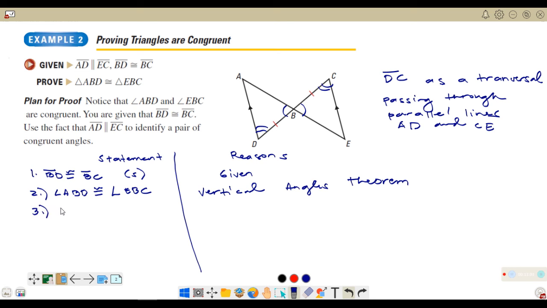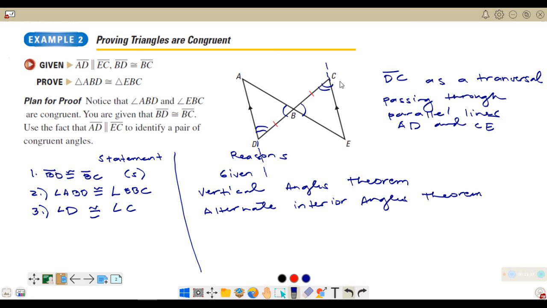Wait, let me write first. Angle D is congruent to angle C through the alternate interior angles theorem. They are congruent because C, when you extend this, will be an interior angle.